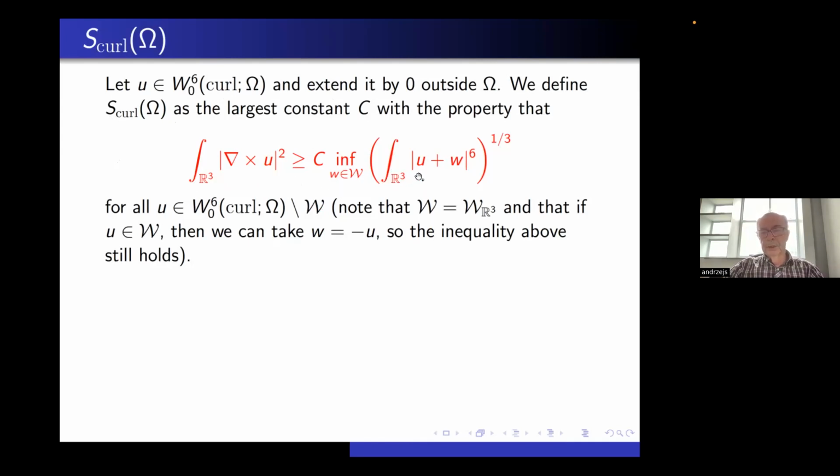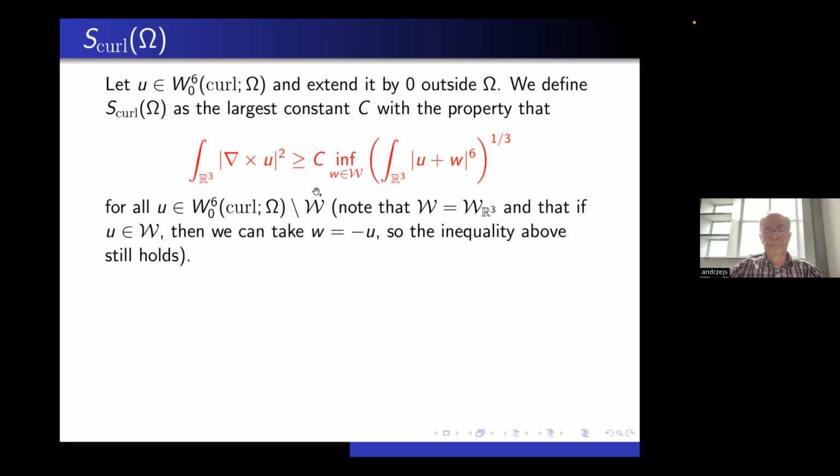So we would like to have here u, but then C would be 0. Instead, we take the infimum over W, which are in capital W. And here, in fact, we take all u, and one can also include u in W, then we would have 0 bigger than or equal to 0.